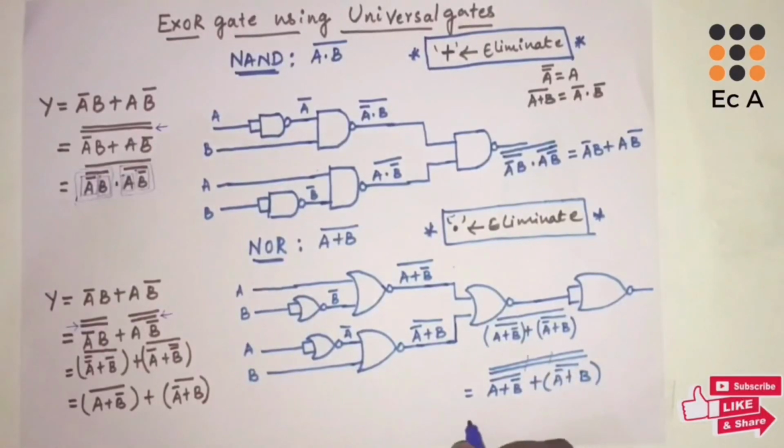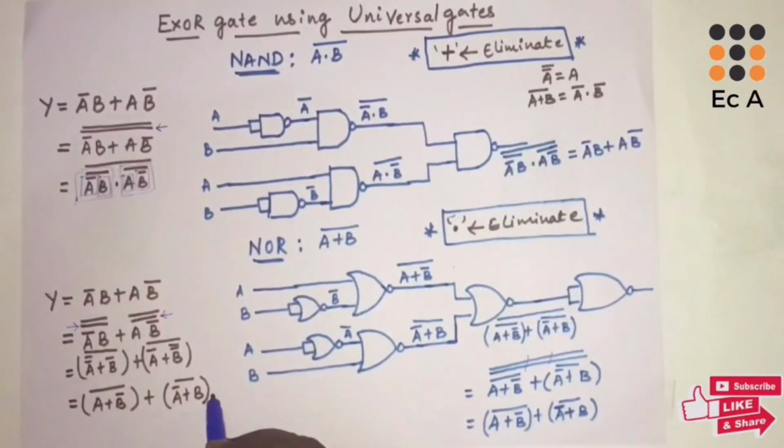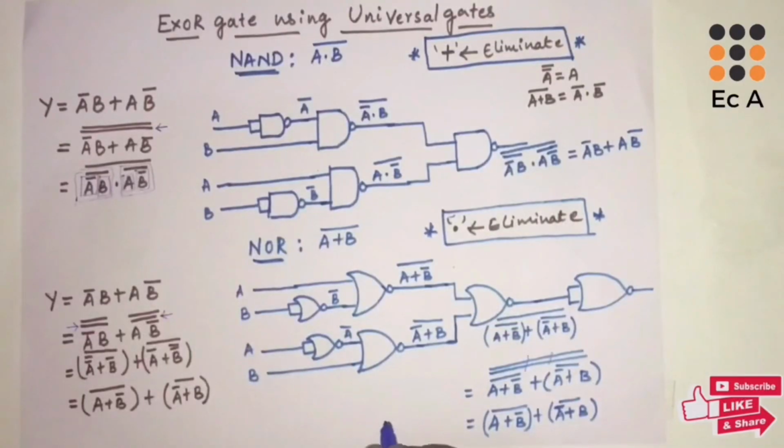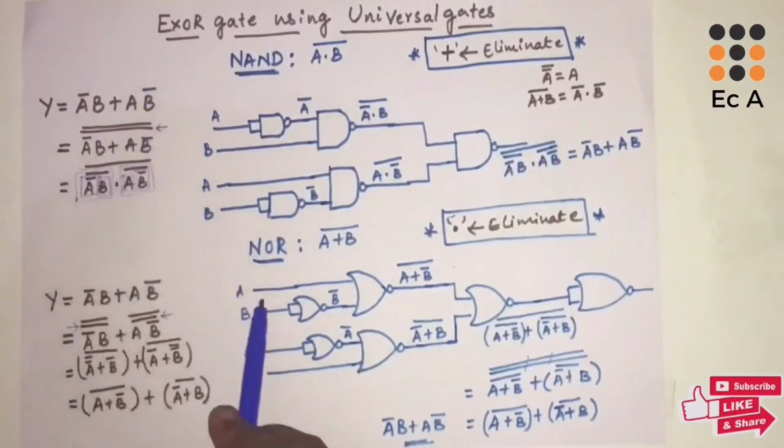We will be left with the equation A plus B bar whole bar plus A bar plus B whole bar. This equation is the same as what we have simplified, which is A bar B plus A B bar. So we have implemented XOR gate using NOR gate. Hope you have understood this topic.